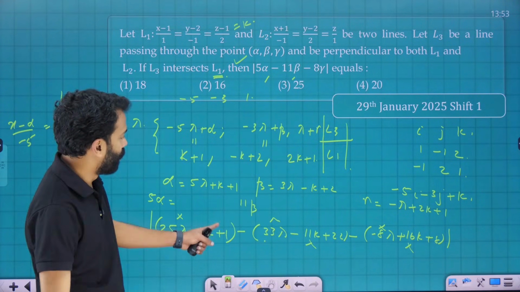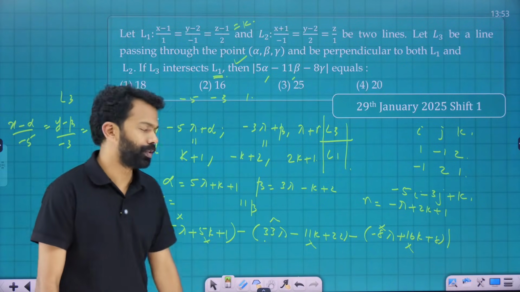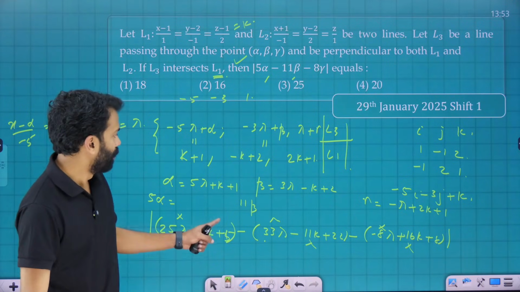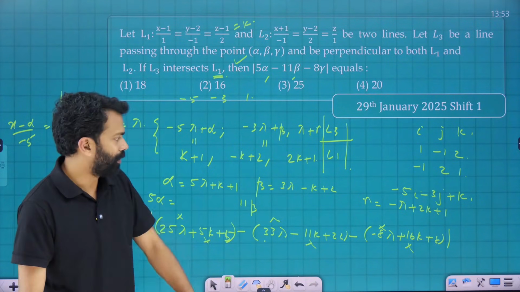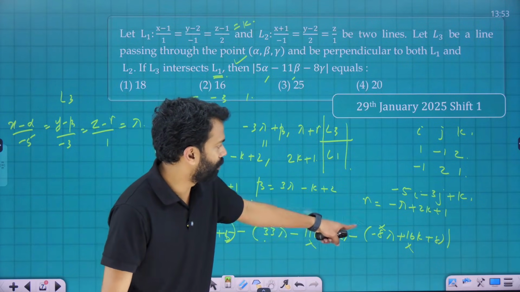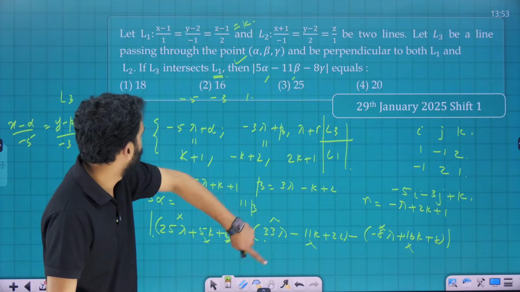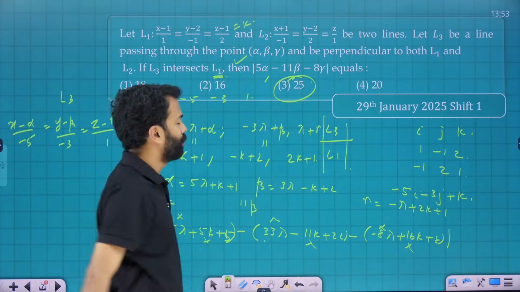Last one: 5 minus 22. Sorry, my mistake, it is 5. What is 5 minus 22? That is minus 17. And what is minus 17 minus 8? That is minus 25. And what is the modulus of minus 25? 25. So 25 is the answer.